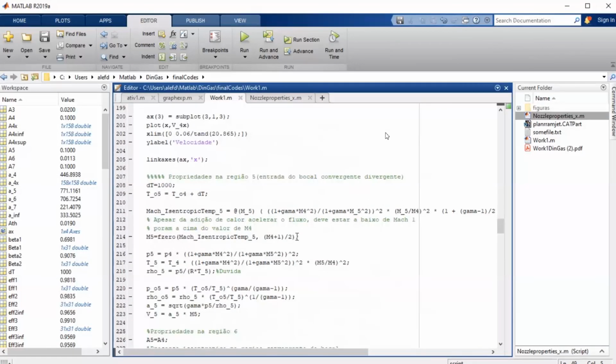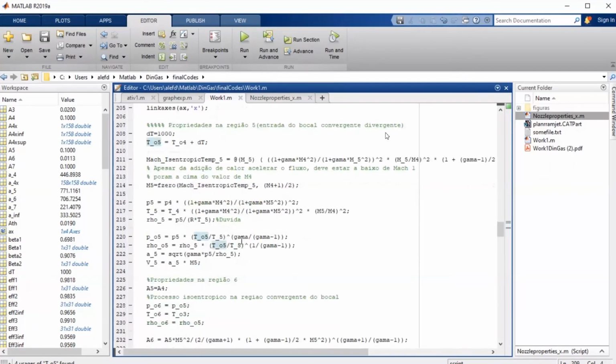Let's see, where is it? 3, 4, and 5 here. In the class, it was shown that the isentropic temperature on 5 would be the isentropic temperature on 4 plus the temperature increase. Yeah, which is much simpler in this case.